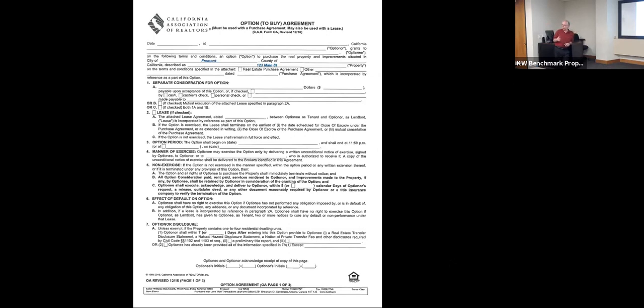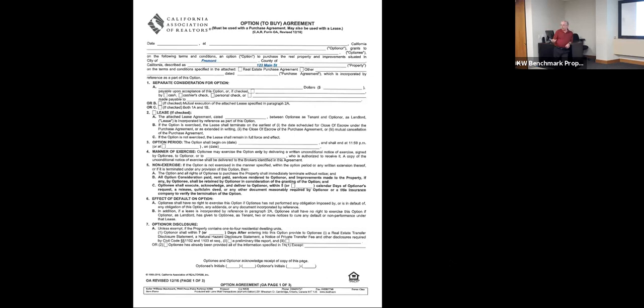They pay money up front for the option to buy, and that could be any amount. That could be $5,000, it could be $10,000, whatever. And that money is non-refundable. It's given to the landlord, and the landlord keeps it whether they go through with the option or not. And normally the rent's higher than normal to be able to apply a credit for a percentage of that rent towards the purchase price as well.